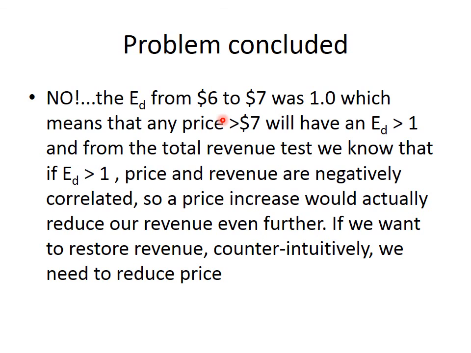So if I increase my price to make more per sandwich, the result is going to be a reduction in demand that's greater than that increase in price. While I'll get more per sandwich, I'm going to sell so many fewer sandwiches that, as a result, my revenue is actually going to go down. It's actually going to worsen the problem.